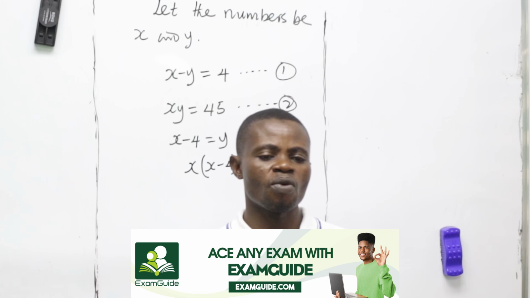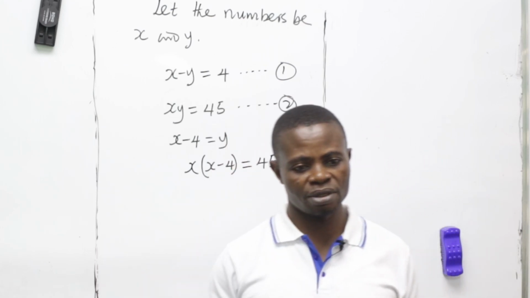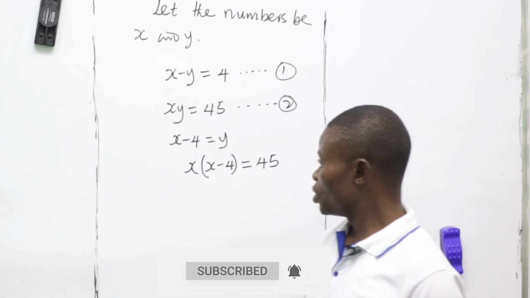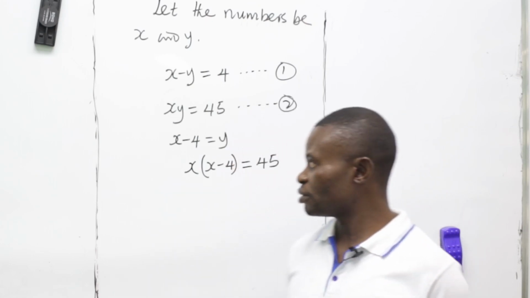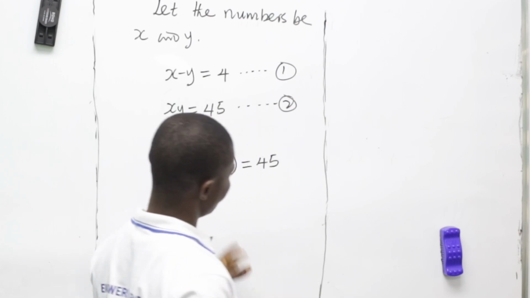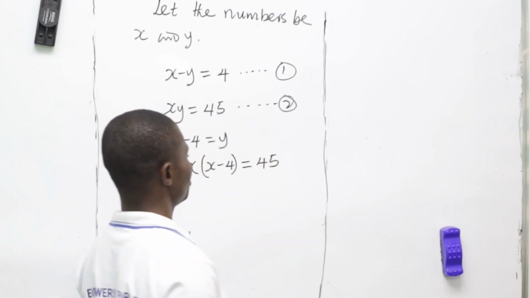Remember, in quadratic equation, we use uniform variables, but in simultaneous, two variables are involved. So as you're forming your equation, also try to be careful on how to manage your equation.